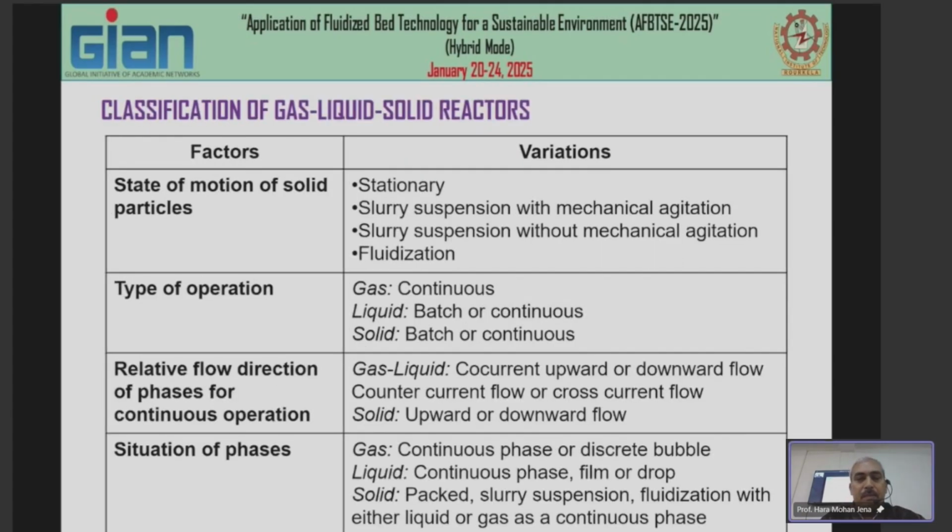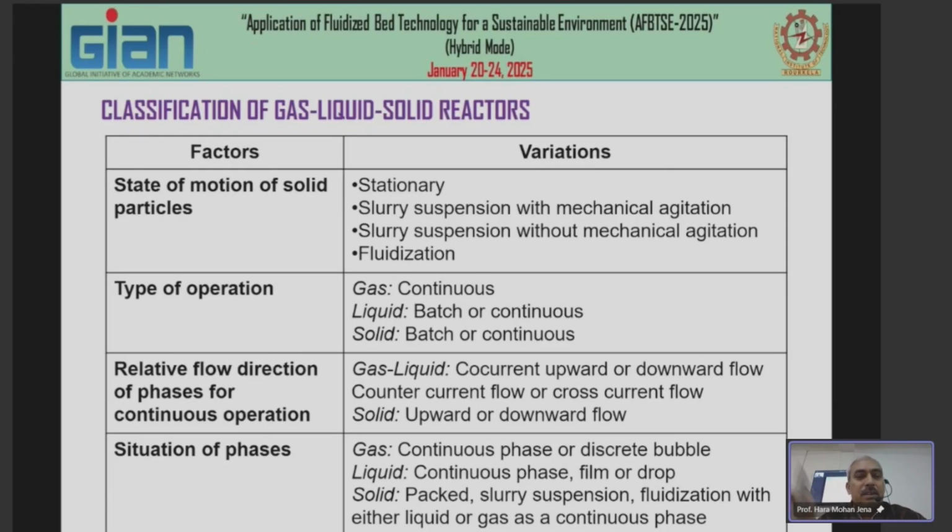The classification of gas, liquid, solid reactors. It is classified based on factors and variations. First, the state of motion of solid particles, because three phases are present, gas, liquid, and solid, and solid is the first and foremost thing for the fluidized bed, because as per the definition of fluidization, a bed of solid particles comes to a state of suspension by the upflow of either gas or liquid, or the combination of gas and liquid.